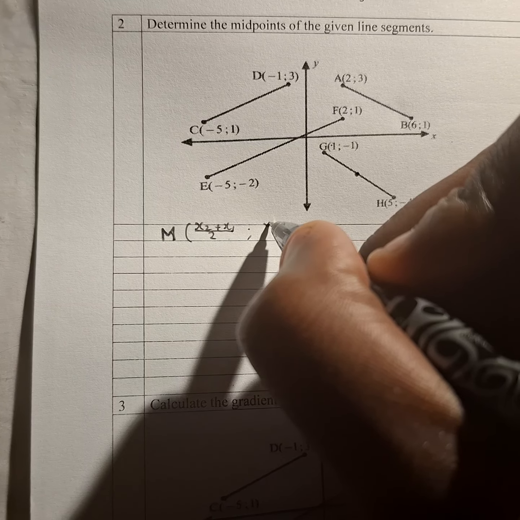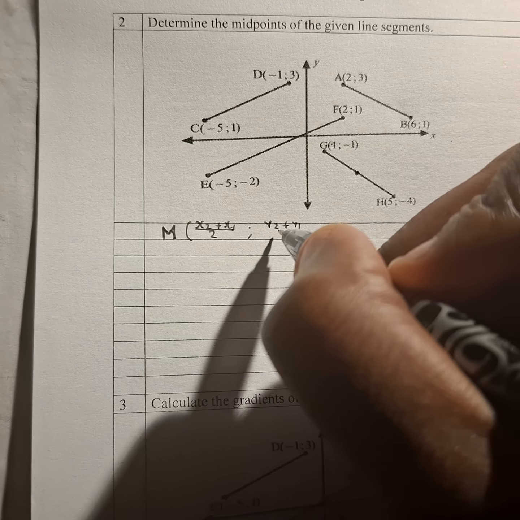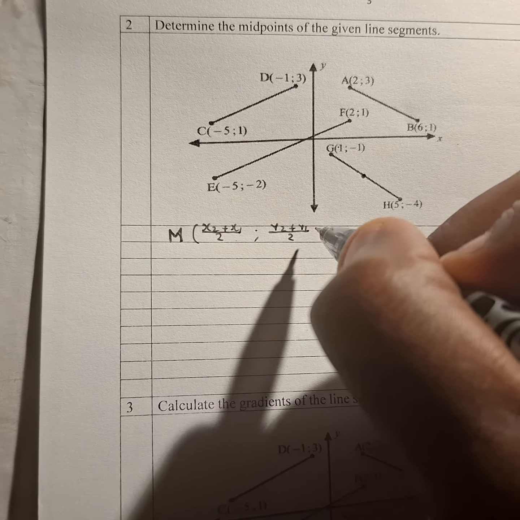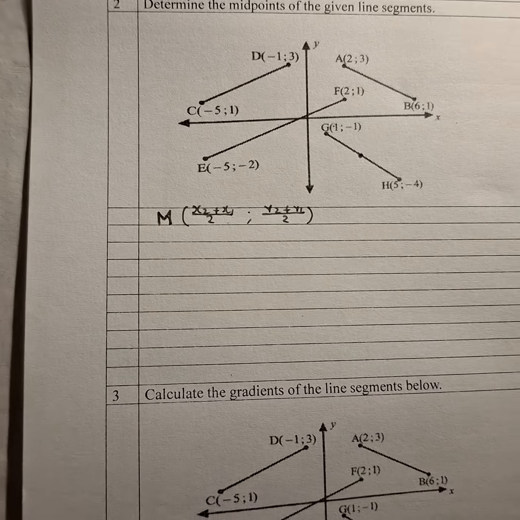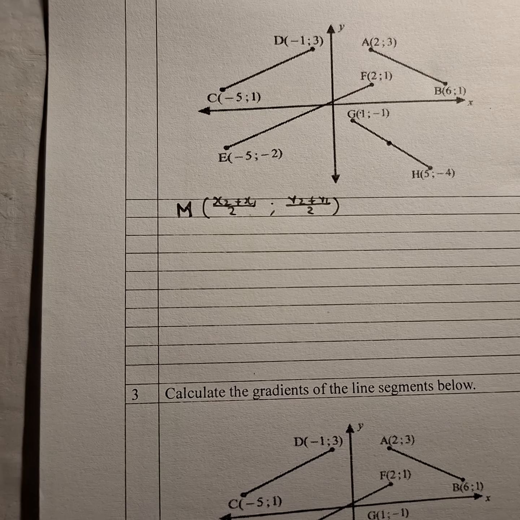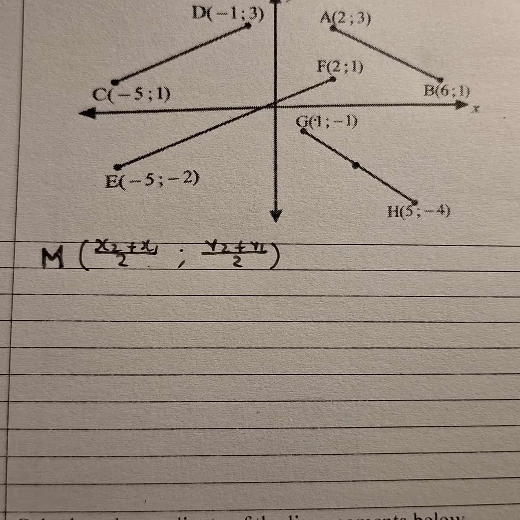Then the sum of the y coordinates divided by 2 gives us the y coordinate of the midpoint. Very important.